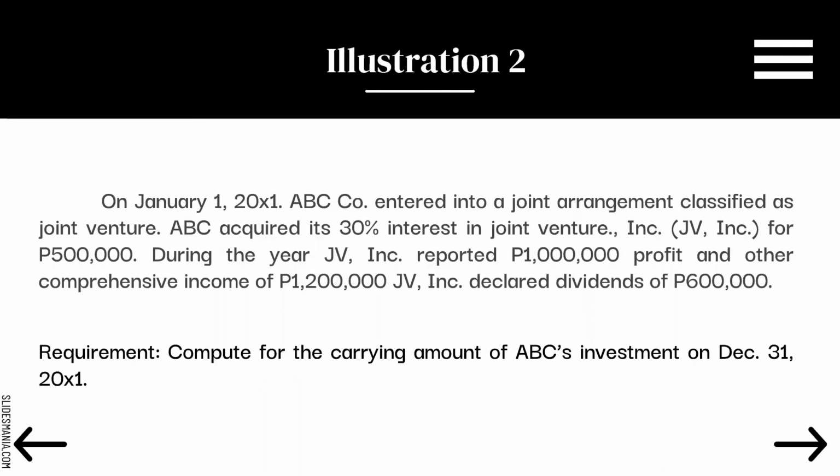During the year, JV Incorporated reported 1 million profit and other comprehensive income of 1,200,000. JV Incorporated declared dividends of 600,000. So the requirement for this illustration is to compute for the carrying amount of ABC's investment on December 31, 20X1. So the solution would be like this.